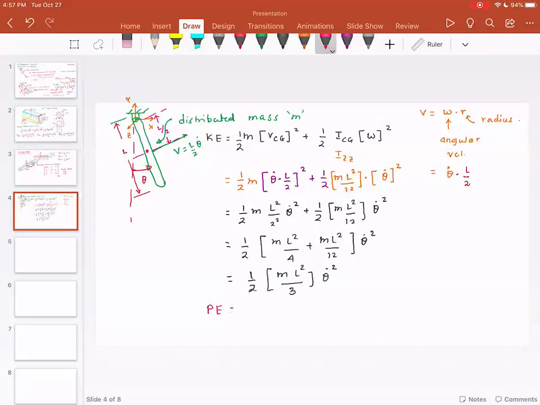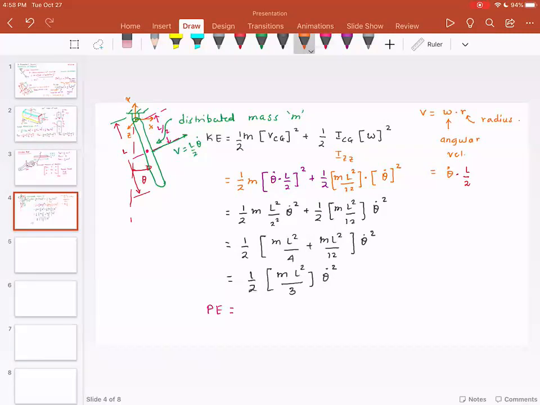Potential energy, here we will have to be very specific. Potential energy is always with respect to CG, where the mass is located. Even though the length of this slender rod is L, mass is located at distance L by 2.